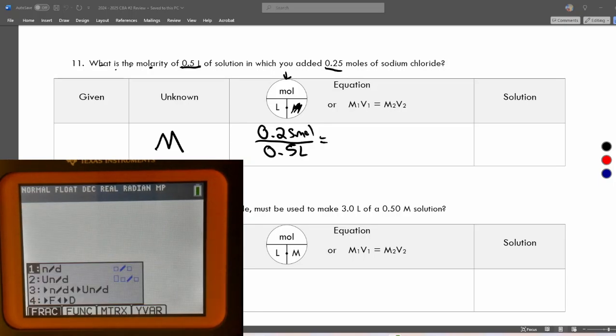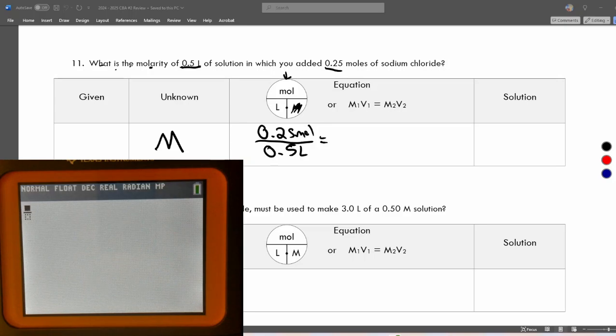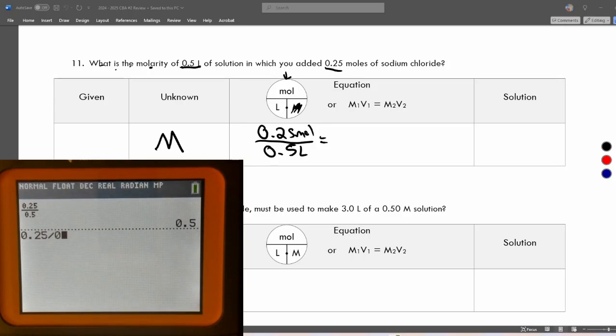So we can make a fraction. 0.25 moles over 0.5 liters. You could also just do 0.25 divided by 0.5, which is the same thing. We're going to get the same answer over here. Our answer is 0.5. We were looking for big M, so molar.